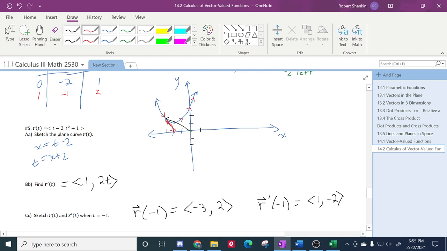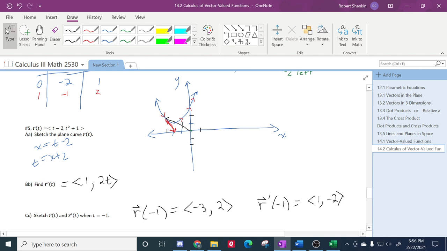It starts at the curve. If we move its tail there, it's tangent to the curve, and it's showing the speed at that point, right there. The magnitude of this, we'll get into later. What we're really focusing on now is that the derivative is always tangent to the curve. Right there, and then you can see it graphically.